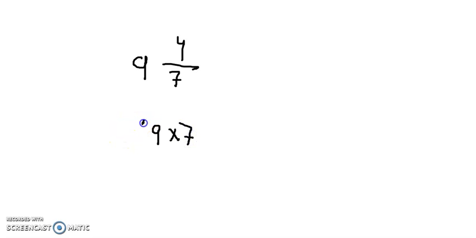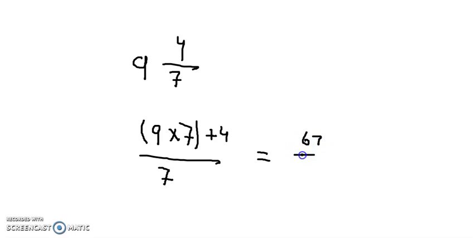And we can add the numerator to their product, and the denominator will remain the same. So we will get 9 times 7 is 63, plus 4 is 67. So it's 67 divided by 7.